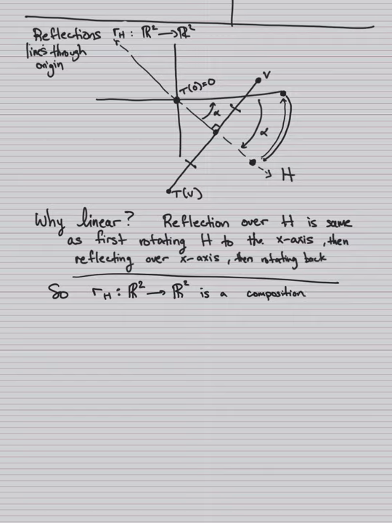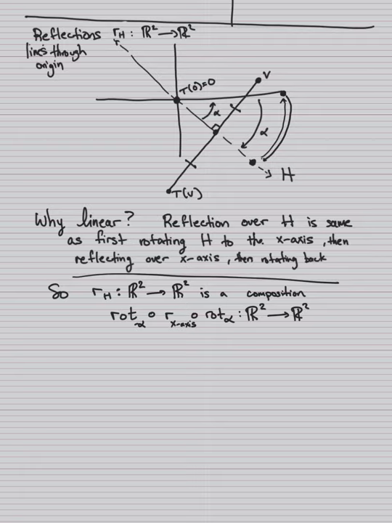So you first rotate by alpha, then you reflect over the x-axis, and then you rotate by negative alpha.